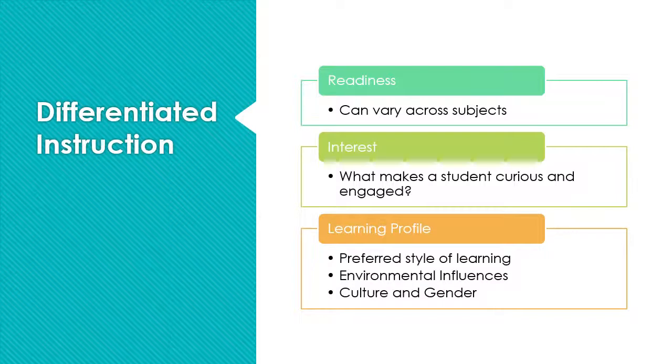So taking note of that and proceeding appropriately, understanding what interests your student and keeps them curious and engaged is a huge part of having a classroom that functions well and keeps your students going and motivated.